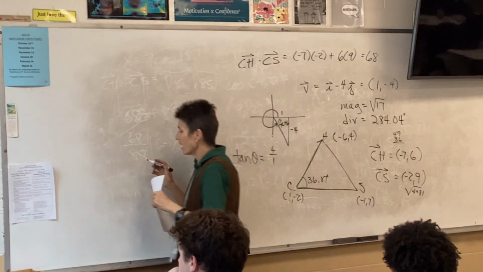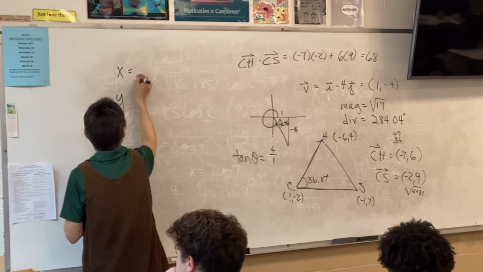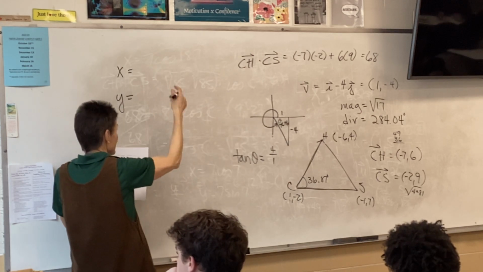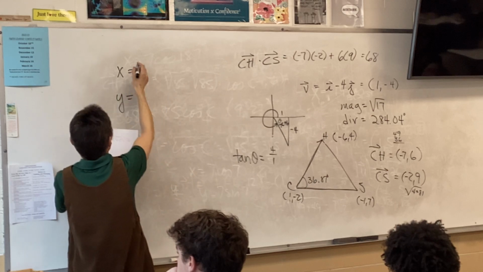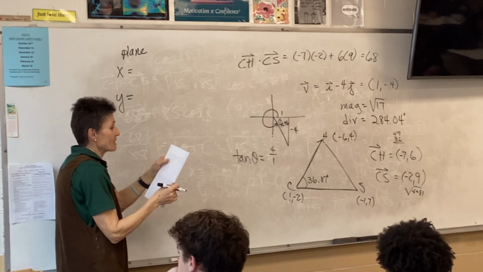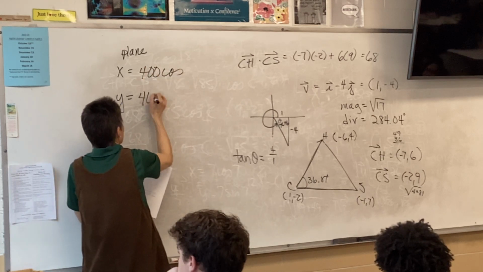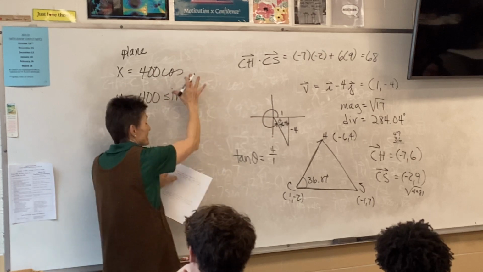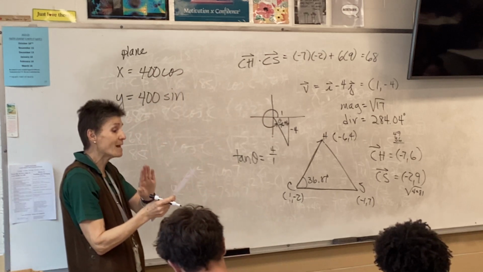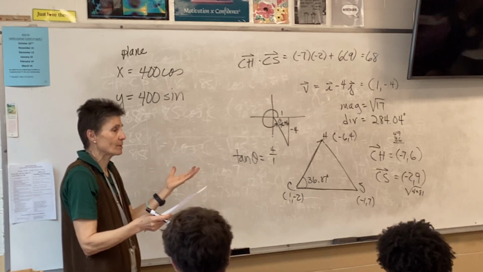So I'm gonna find the coordinates of my initial speed and direction. Here's the plane. His speed is 400 miles an hour, so I'm gonna do 400 cosine, 400 sine of some angle. But obviously I can't use north 17 degrees east.